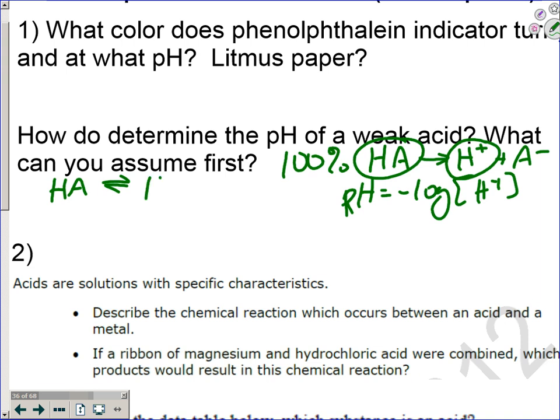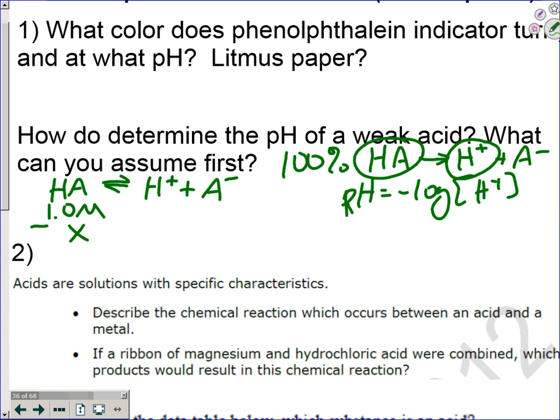We are going to have a little bit of H and a little bit of the anion made. So let's say I had 1 molar of this acid. This is a weak acid, and not all 1 molar of that will dissociate. I'm only going to subtract or react a small amount, but because we don't know what that small amount is, we call that just X. So I'm going to subtract or react X amount.